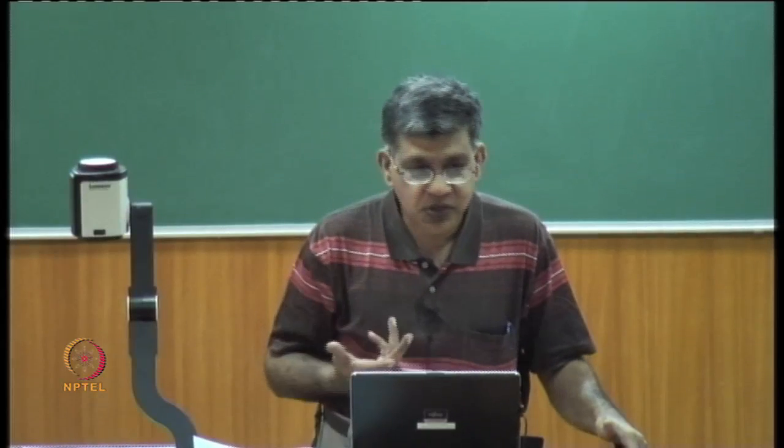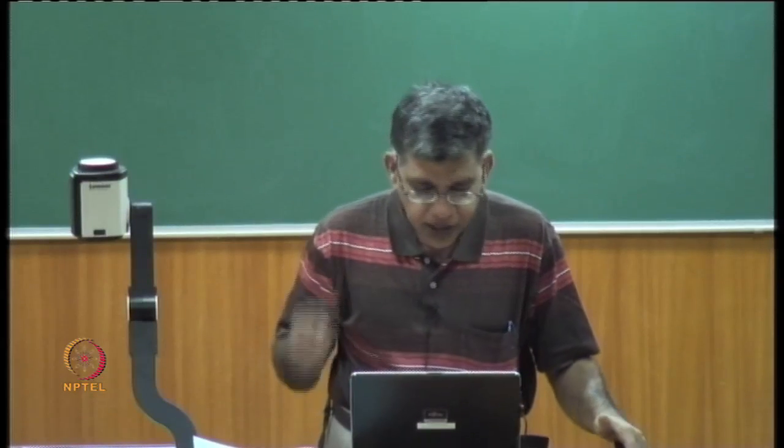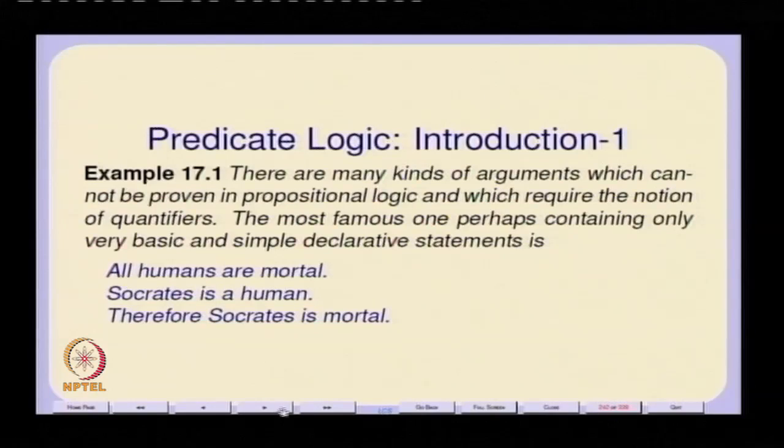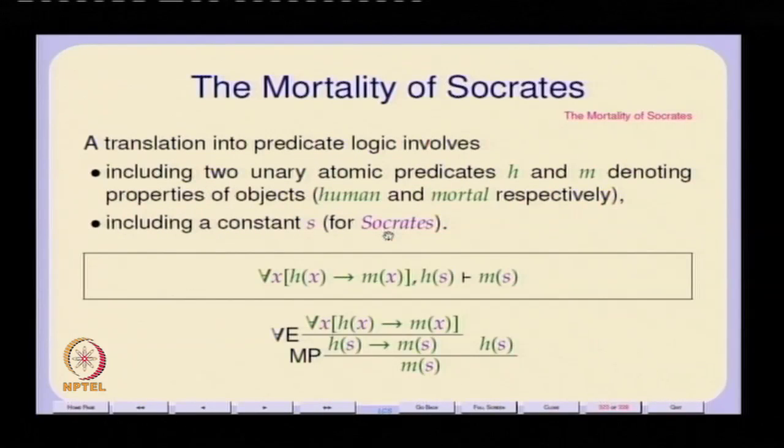That is an obligation which, by the way, no logic book specifies. They give you this argument, they give you the proof, and then they're done with it. They haven't told you why they went into signatures and structures and substructures and so on. But I think we need to do it. So essentially what we are saying is that the signature consists of two unary predicates.